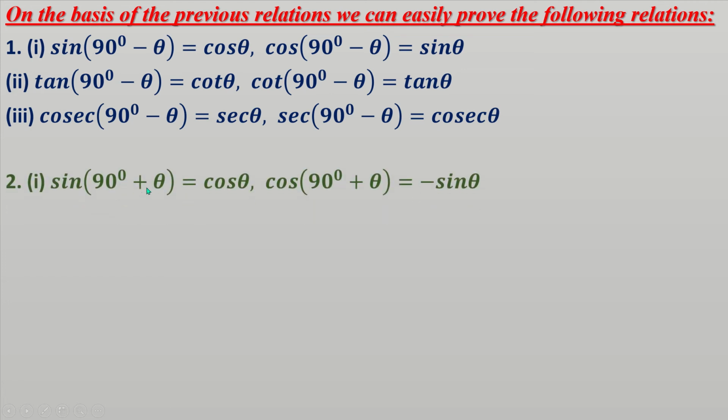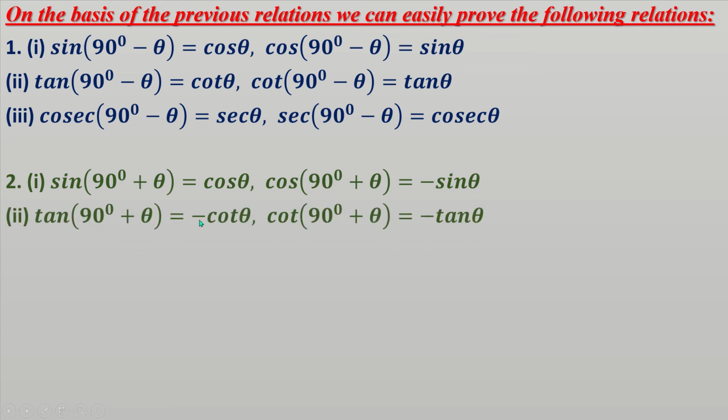But when we use plus, the ratio will be changed, but sine of 90 degrees plus theta equals plus cos theta, because 90 degrees is in the first quadrant, plus something means second quadrant, where sine is positive, so here it will be positive. But cos will be negative, because cos is positive in the fourth quadrant, so here it will be minus. Clear?